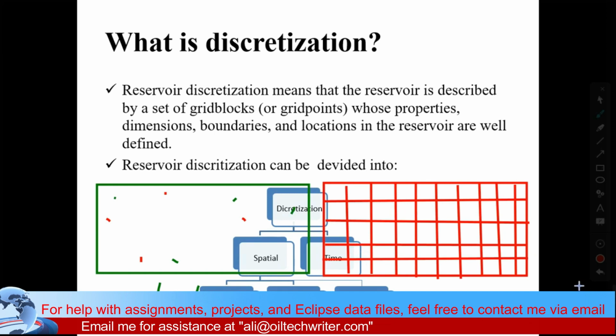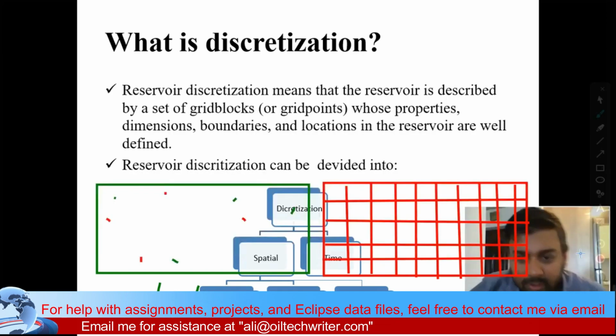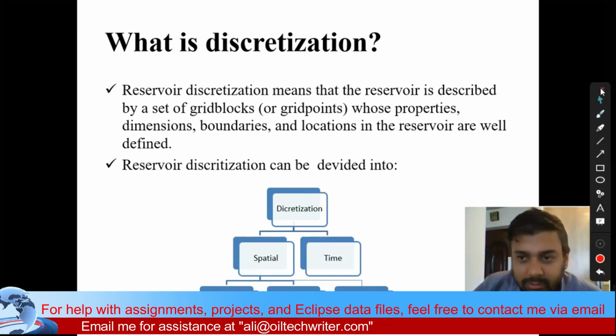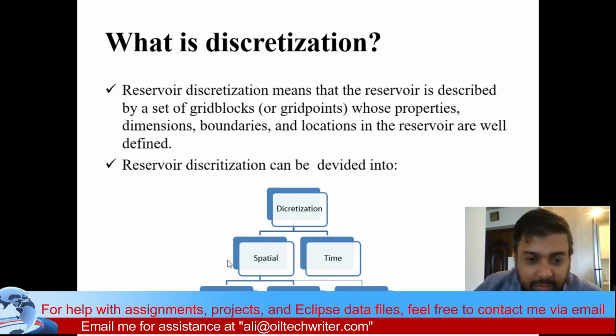Now in this discretization, all the proper dimensions, boundaries, and locations in the reservoir are well defined. Physically, we divide it into blocks. In the discretization process, we actually do two kinds: spatial discretization and time-based discretization.